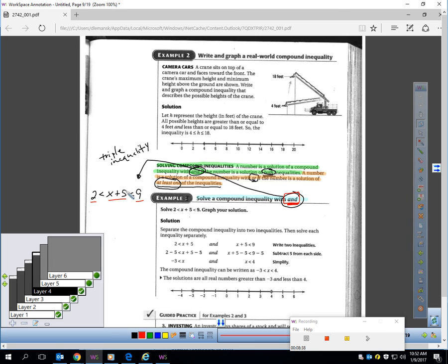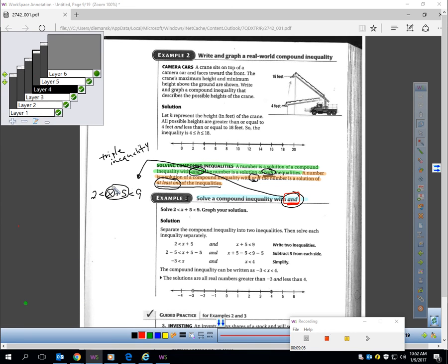So I want to solve this. The book shows this in a minute, but I'm going to show you something a little different, which I think is easier and less work when you have a triple inequality. We're going to treat this like our balance scale. I've got to solve for x. X plus 5, you can see I have my onion drawn. To get rid of plus 5, you have to subtract, and you have to subtract from all 3 parts. Remember, this is a triple inequality.